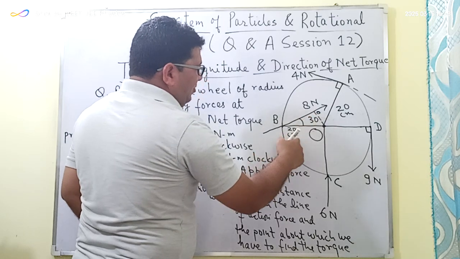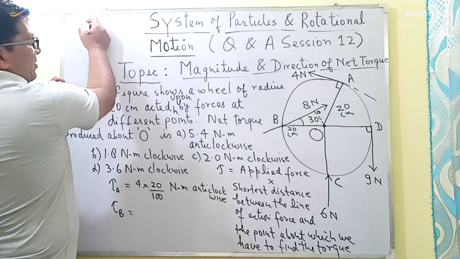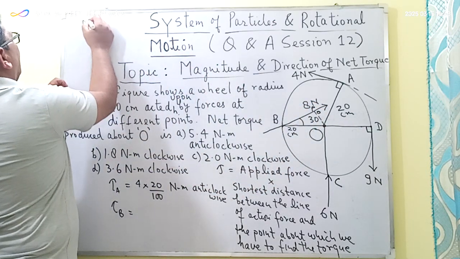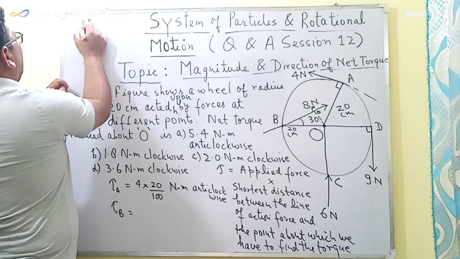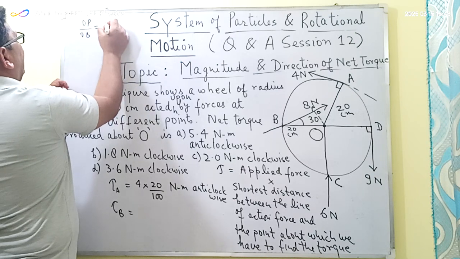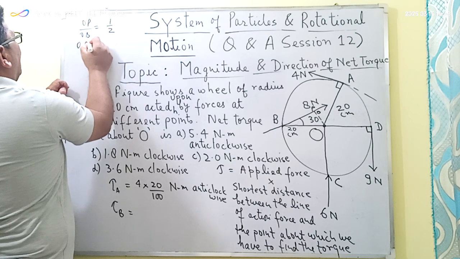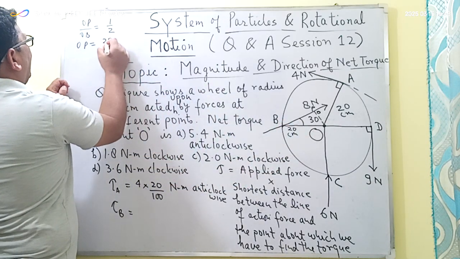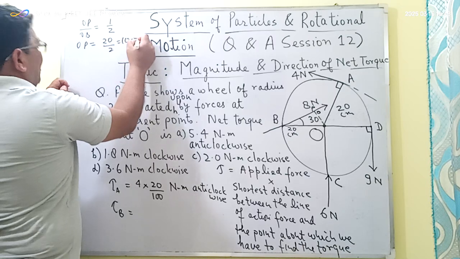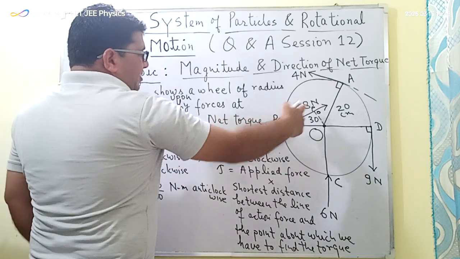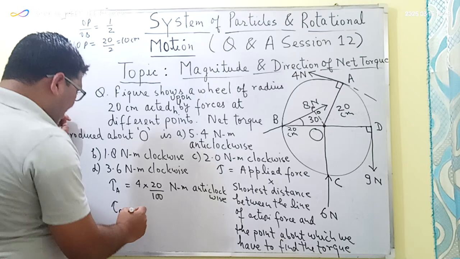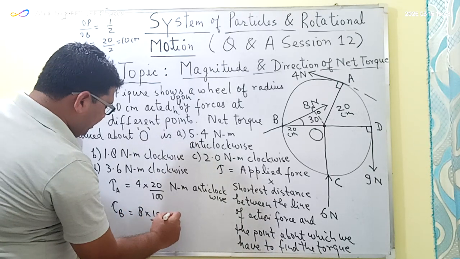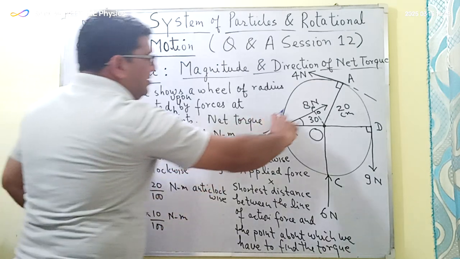Let this point be P. Perpendicular upon hypotenuse, OP upon OB, will be equal to sine 30, which is 1 by 2. So OP will be OB by 2, which is 20 divided by 2, equal to 10 centimeter. So the torque due to the force of 8 Newton at point B will be 8 into 10 divided by 100 Newton meter, and this will be clockwise.